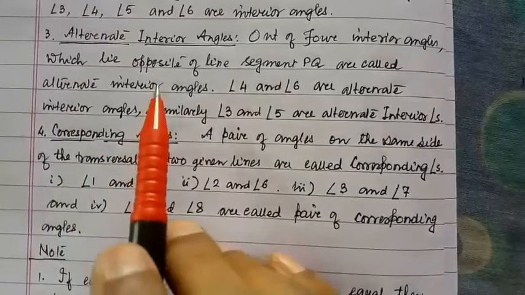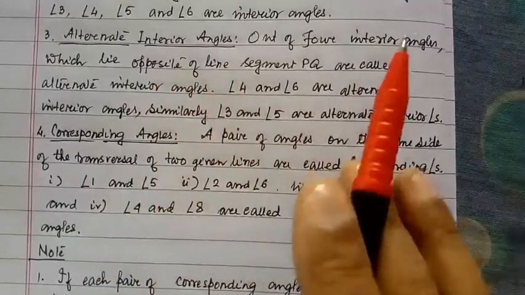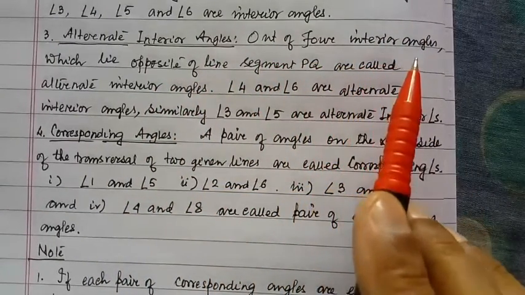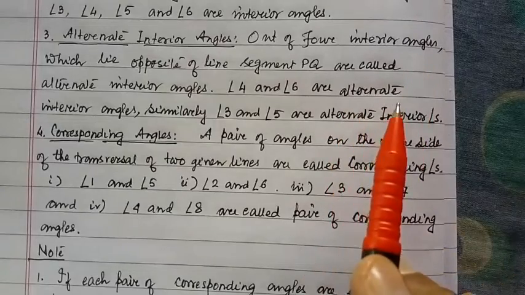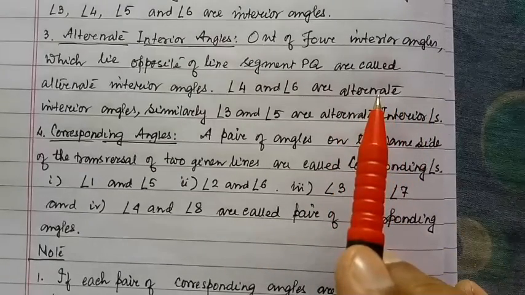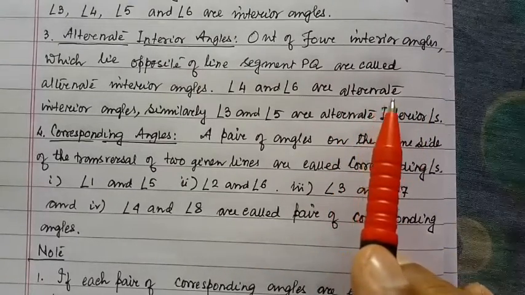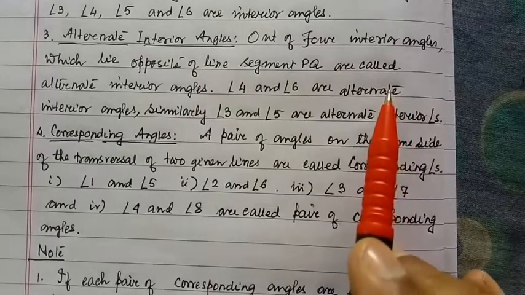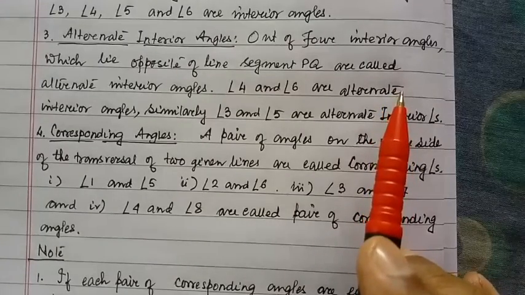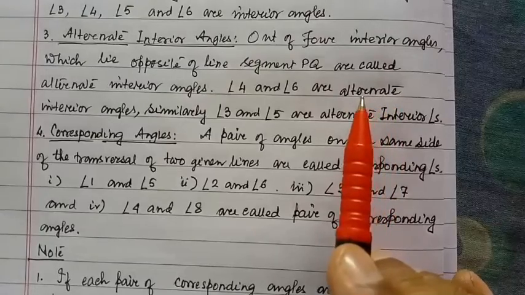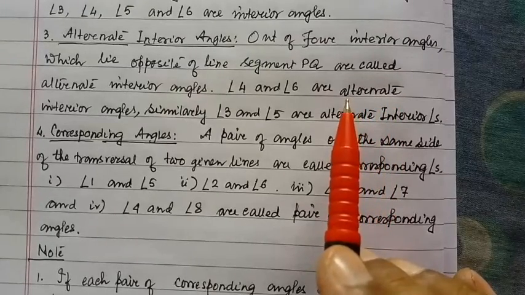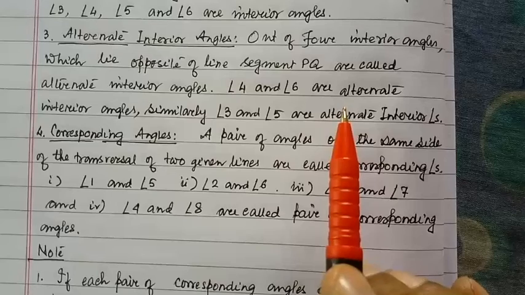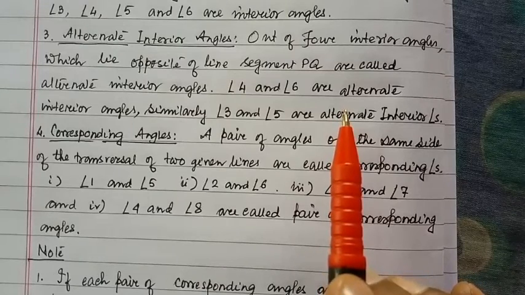Now alternate interior angles. Out of the 4 interior angles, angle 3, angle 4, angle 5 and angle 6, the angles which lie opposite of the line segment PQ are called alternate interior angles.